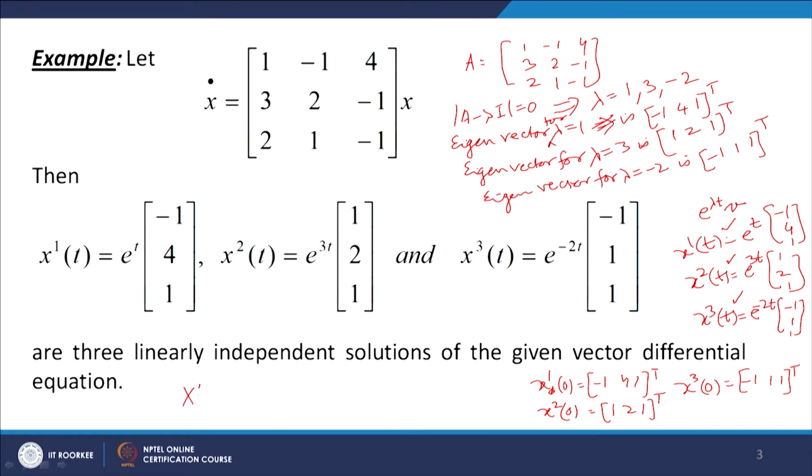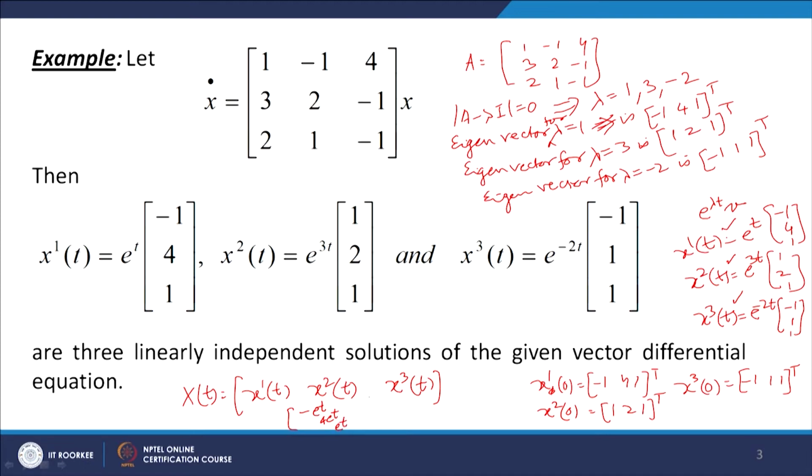The fundamental matrix X(t) will be equal to x1(t) as the first column, x2(t), x3(t). Multiplying e to the power t inside x1(t), you get minus e to the power t, 4 e to the power t, and e to the power t. This is the first column.